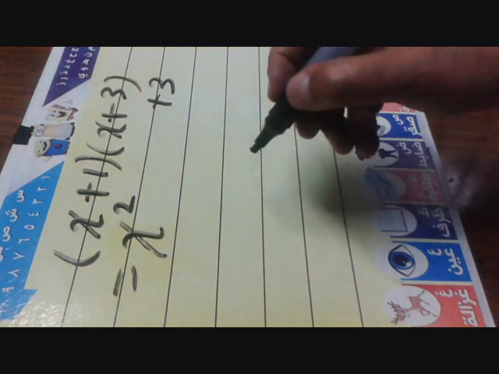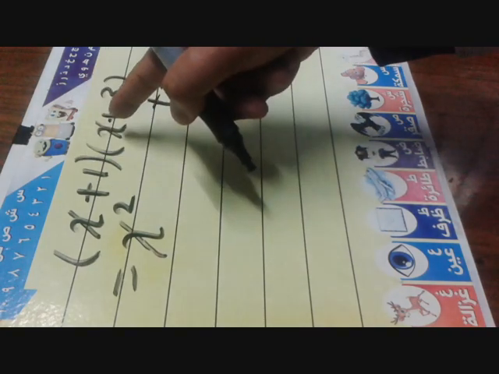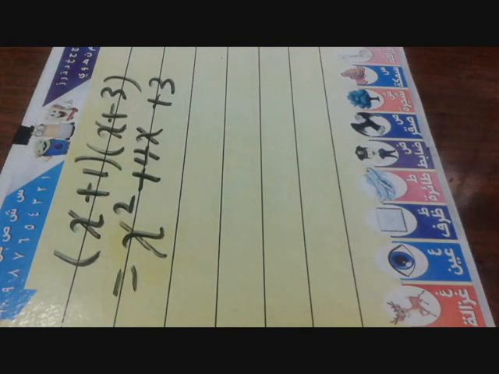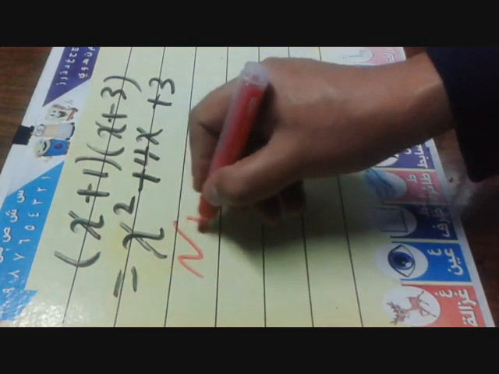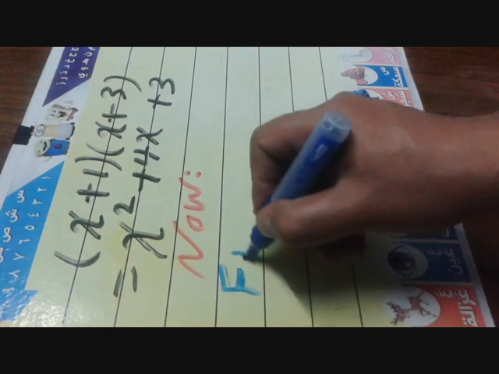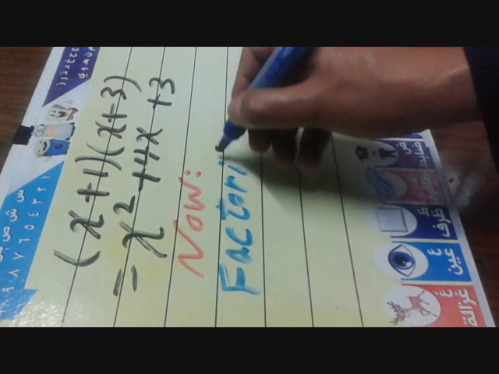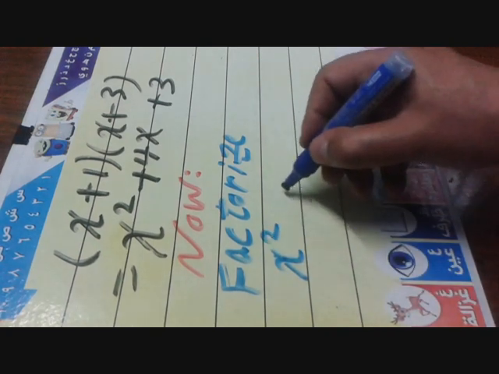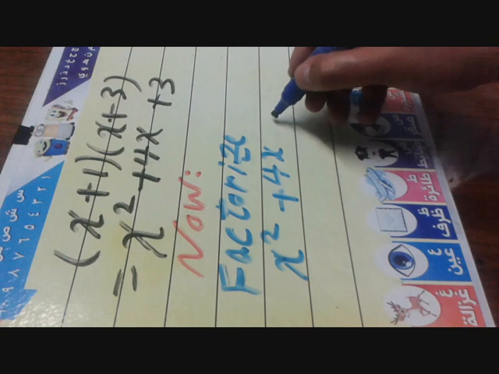Here 1x plus 3x equals 4x. Now the converse is true. Factorize x square plus 4x plus 3.